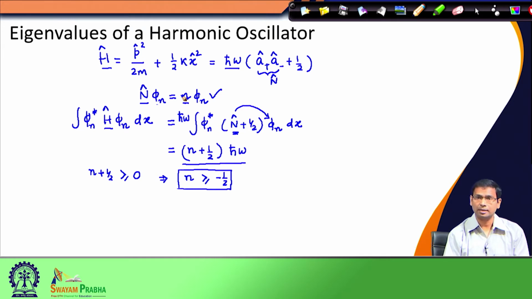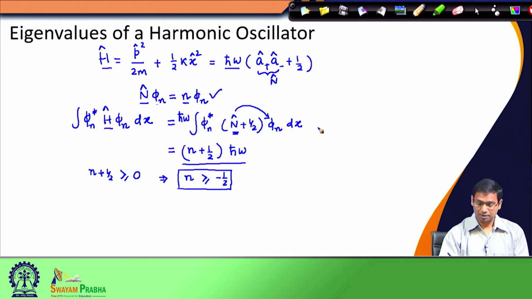We did not know anything about n, but now we see that this value n cannot be smaller than minus 0.5. It has to be greater than or equal to minus 0.5. Mind you, we still do not know what the values of n are or what is the lowest possible value of n, but at least from this exercise we get to know that there is going to be a lower limit for the value of n.